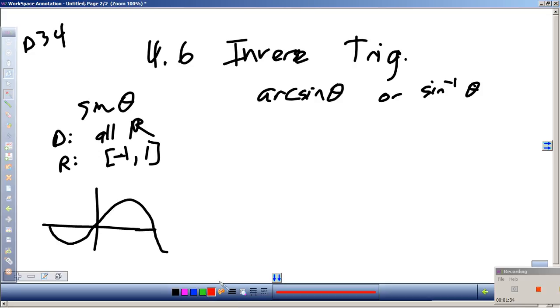Okay? Well, what we end up doing is create a standard of saying, let's just cut it off right here, and cut it off right here. So what would the domain of this be? Where is sine at its lowest point? Well, it is -1, but what's the x value?